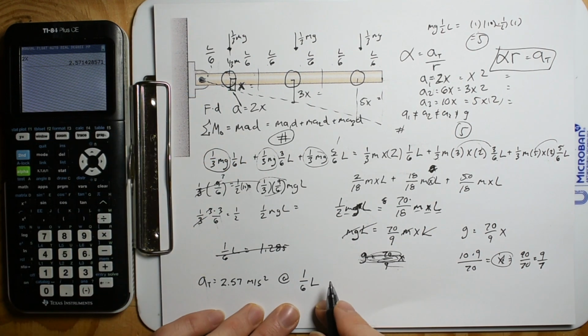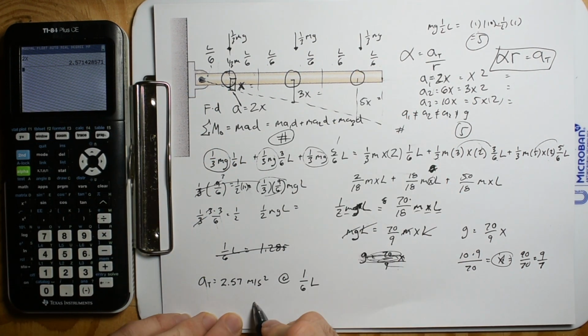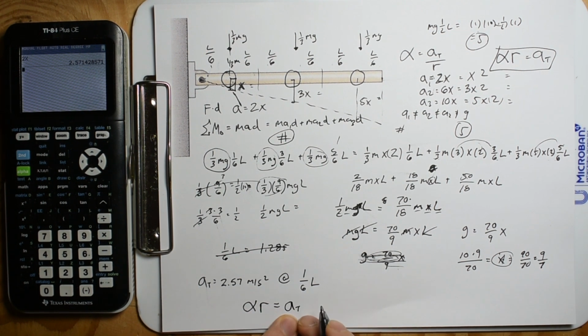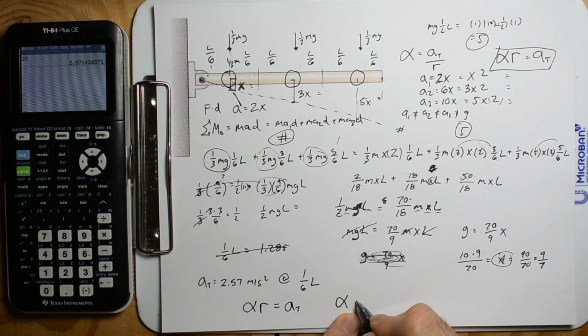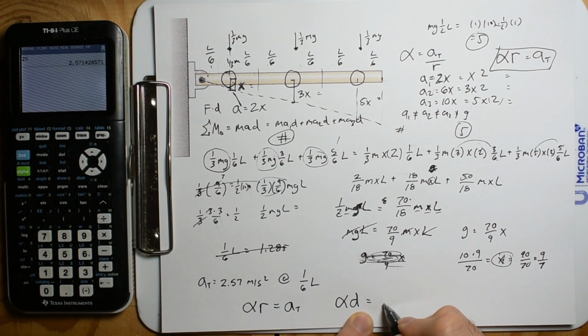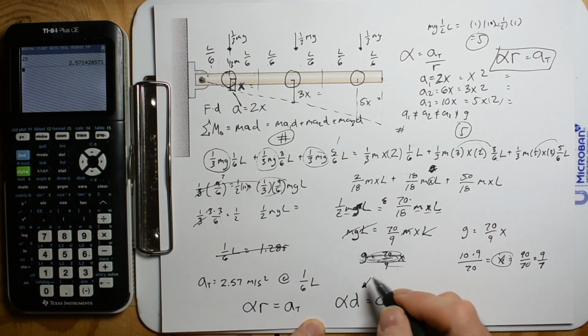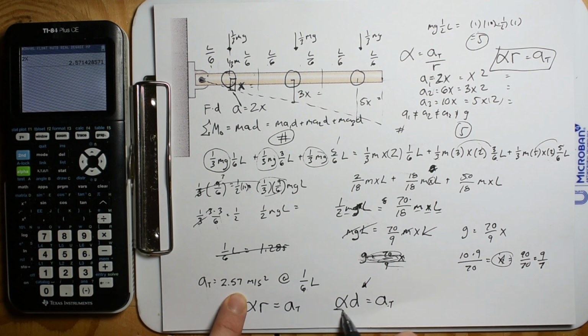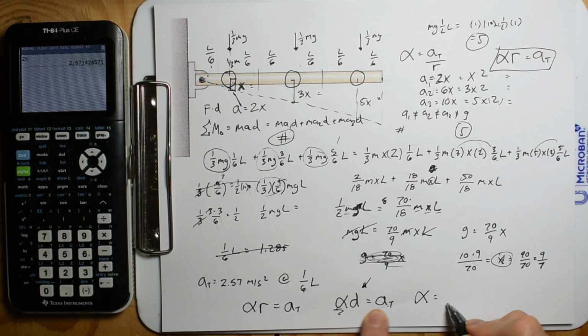So if we wanted to know angular acceleration, angular acceleration times the radius is tangential acceleration. So our distance is 1/6 L, and we should be able to solve for our angular acceleration.